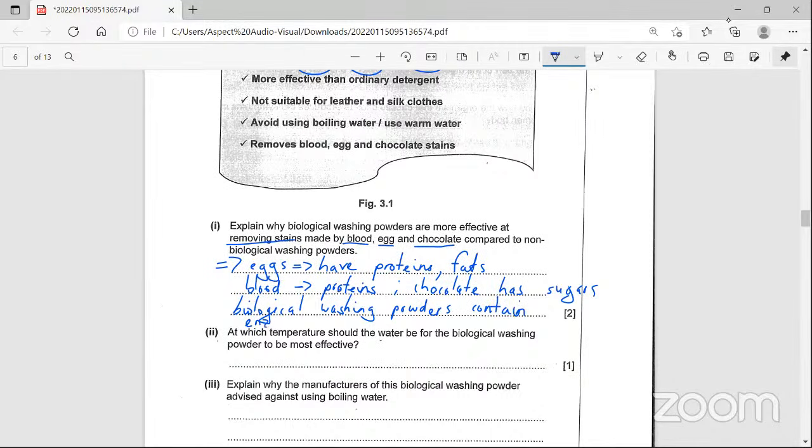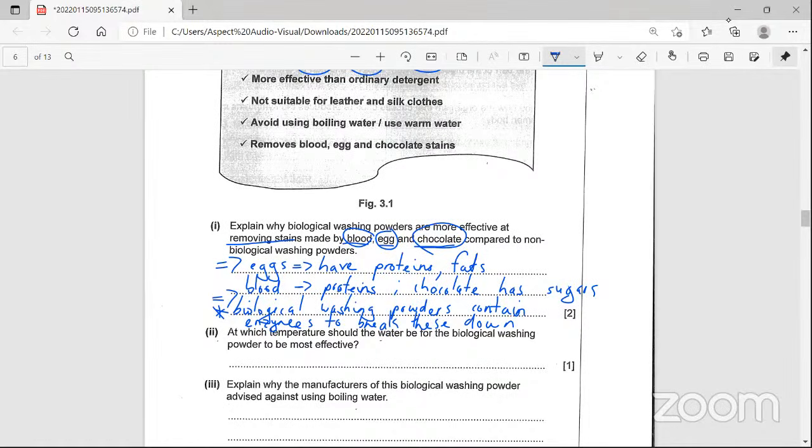Without even mentioning this, you can say your biological washing powders contain your carbohydrases, your proteases, your lipases to break down the blood, which contains proteins, egg, which contains proteins, and chocolate, which contains sugars.